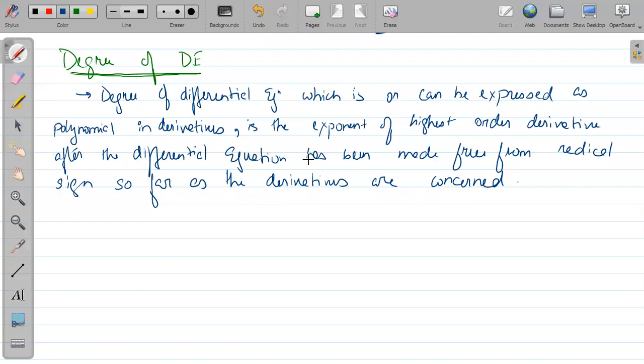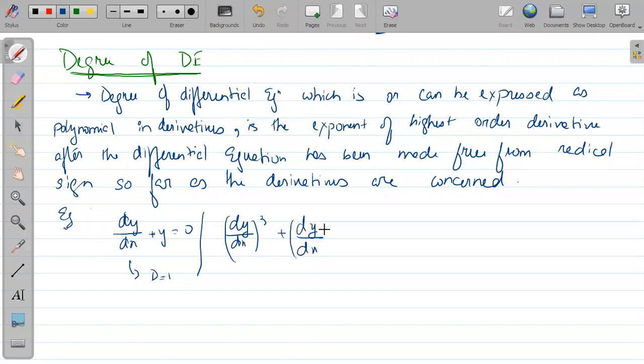Let's have some example. It will be clarified. Suppose I am taking dy by dx, a simple example. The power is 1, it is just a first order derivative, and the power is also 1, so degree is 1. Here suppose I am writing (dy by dx) whole cube plus dy by dx. What is the degree? 3.